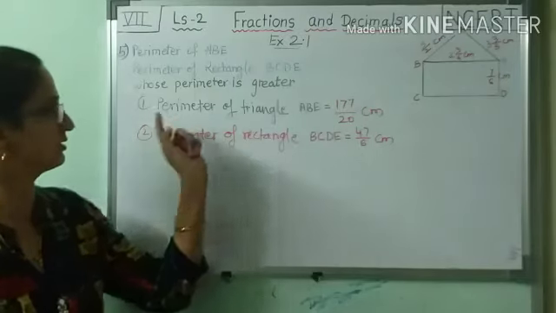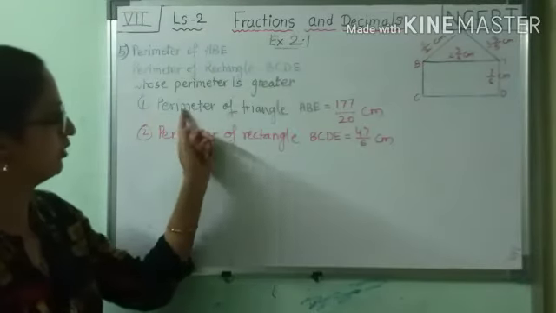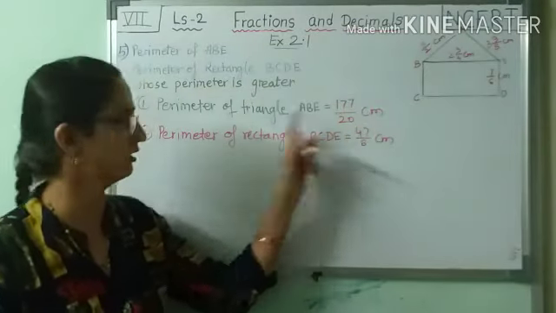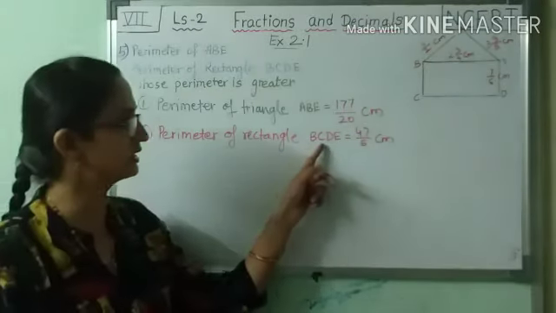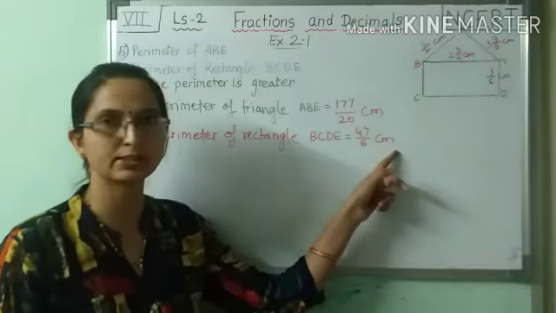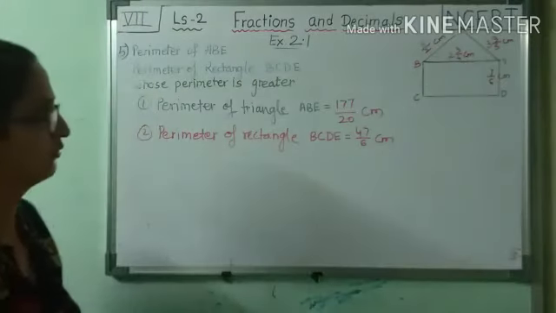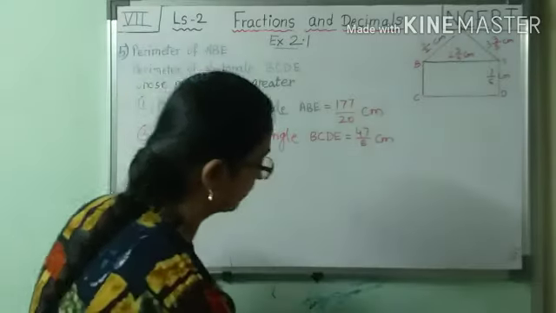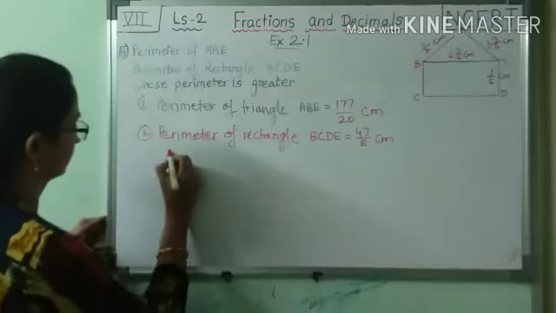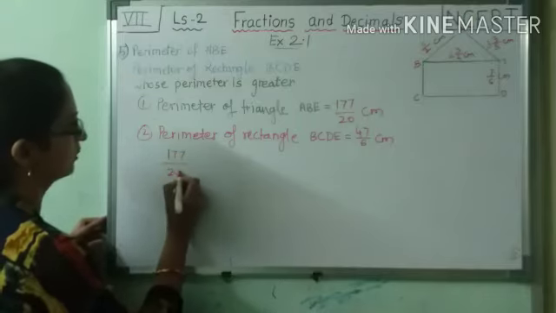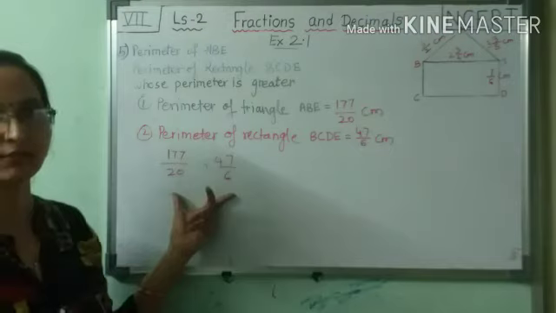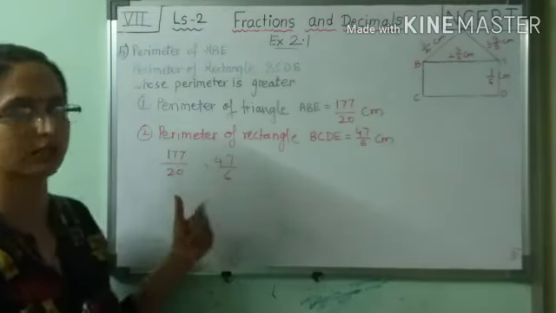Now the third point is whose perimeter is greater. For this I have taken the value of the perimeter of triangle ABE as 177 upon 20 centimeter, and the perimeter of rectangle BCDE as 47 upon 6 centimeter. Now we have to compare these two perimeters. Unlike fractions are there, we have to make them like fractions.